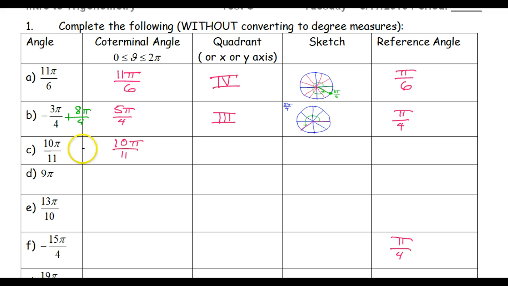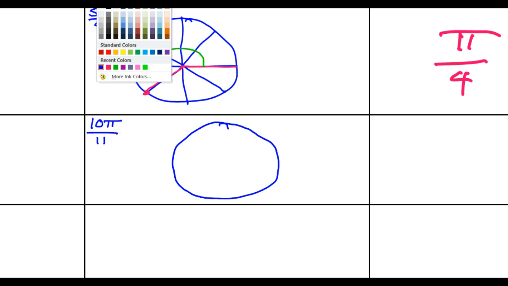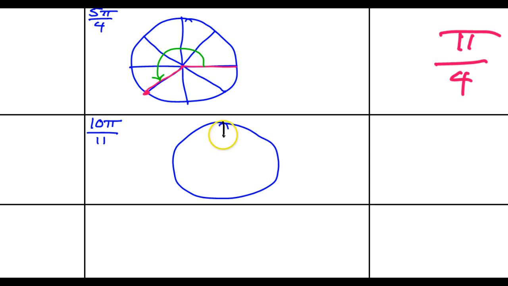Now, what quadrant is this in? Well, let's do the sketch, and then we'll know. Okay, so here comes my unit circle. Of course, this is not a special angle, so this is going to be a little bit different in our approach. Here's just our x and y axis.